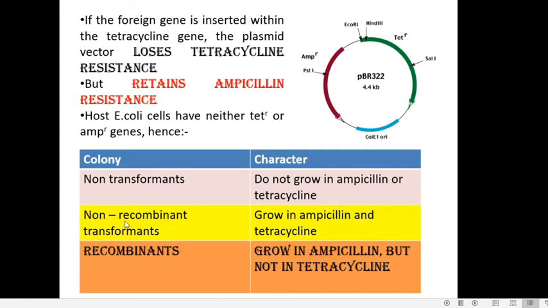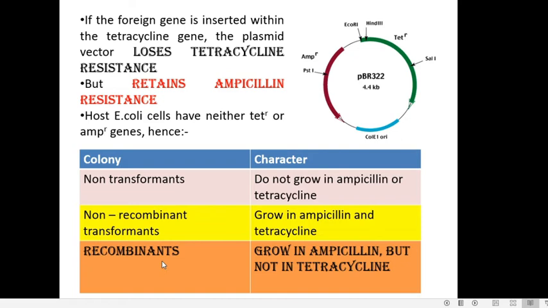Second, the transformants which have taken up this vector, but the recircularized vector without the foreign DNA. So they will be having intact ampicillin resistance gene as well as tetracycline resistance gene. So such cells will grow in ampicillin and tetracycline containing medium. Now we go to the third category, the recombinant cells.